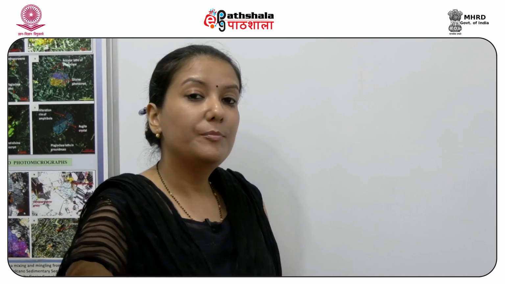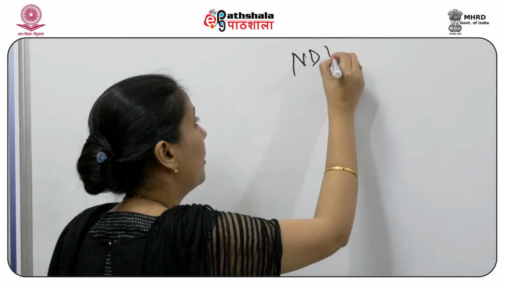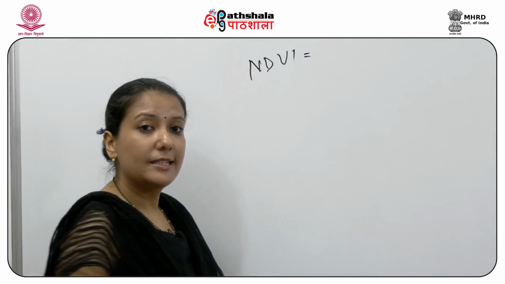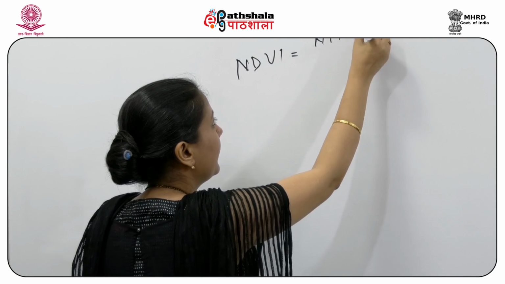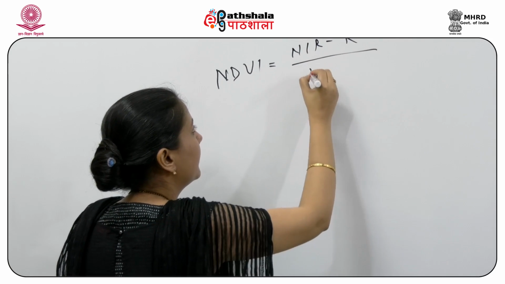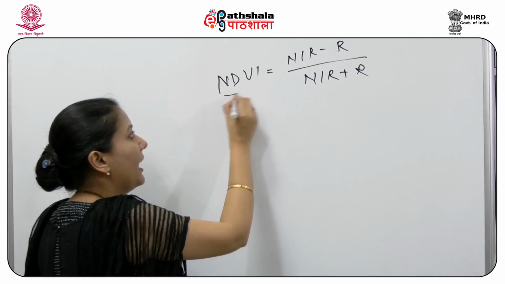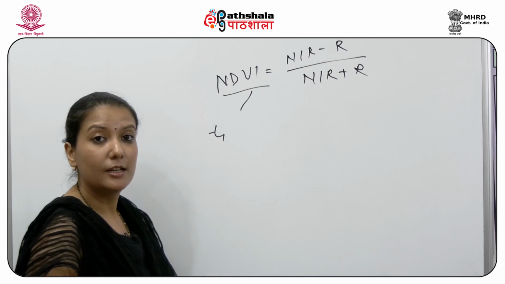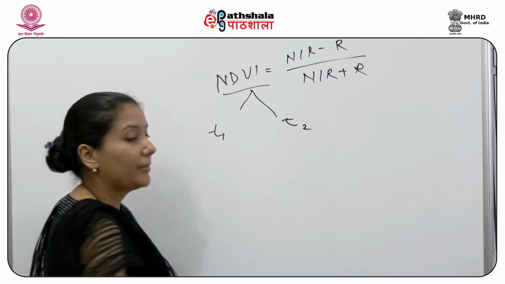For example, you have NDVI. What is NDVI? NDVI is the normalized difference vegetation index. In a single image, NDVI is calculated as NIR minus R upon NIR plus R. So you can have this NDVI value at time t1 from satellite image 1 and at time t2 from satellite image 2.